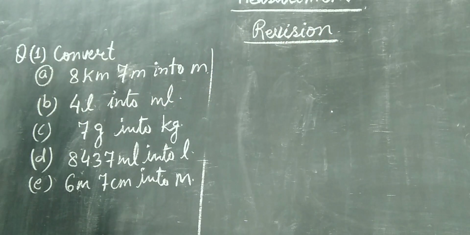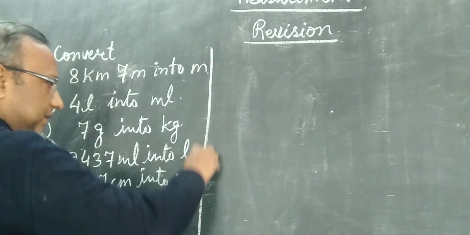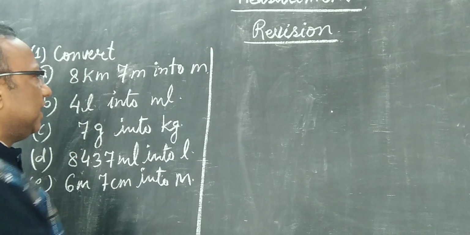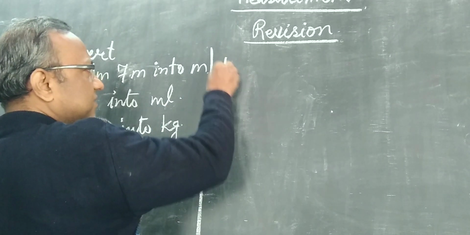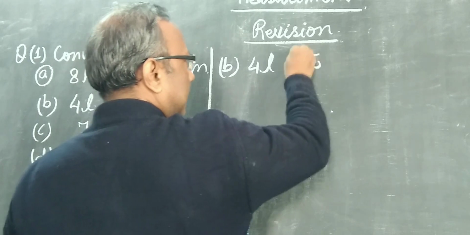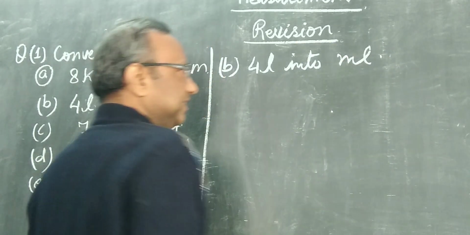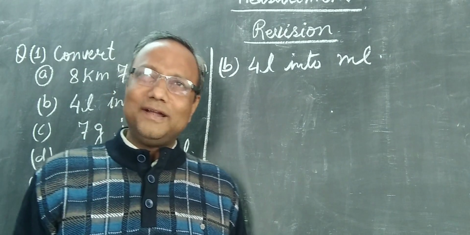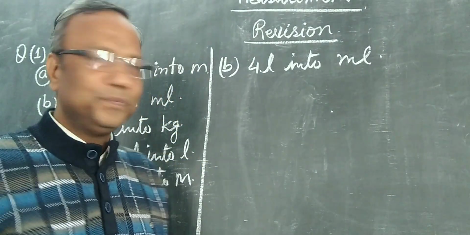The next example, this is the unit of capacity: 4 liter into milliliter. So this is the unit of capacity. Once again we can write down the unit order.